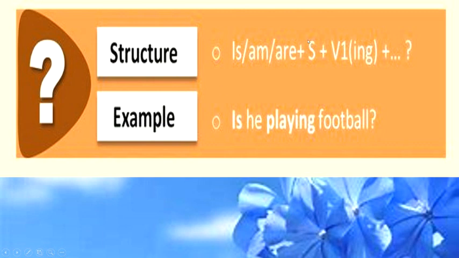Children, we have to take our helping verbs is or am or are and put them before the subject and then add our verb first form and ing. Finally, our objects. Please do not make the mistake of using is, am, are again. Okay? They are used in the beginning to ask interrogative sentences in present continuous tense.